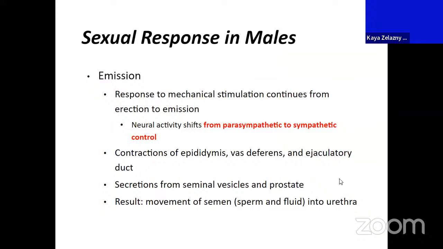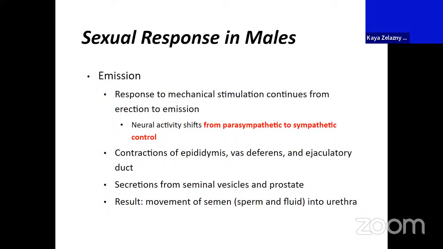Next, we move towards the emission phase. So at this point, we've got an erect penis. We've responded to some mechanical stimulation. We've responded to thought centers. We've swelled those erectile tissues with blood. Okay, so at this point, for emission to occur, what we have happening is an extended response to those mechanoreceptors and that mechanical stimulation.